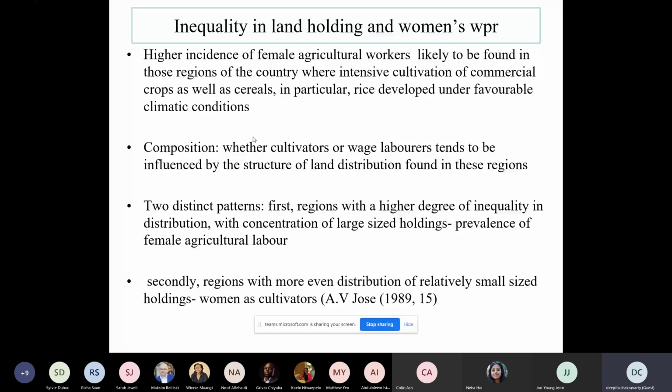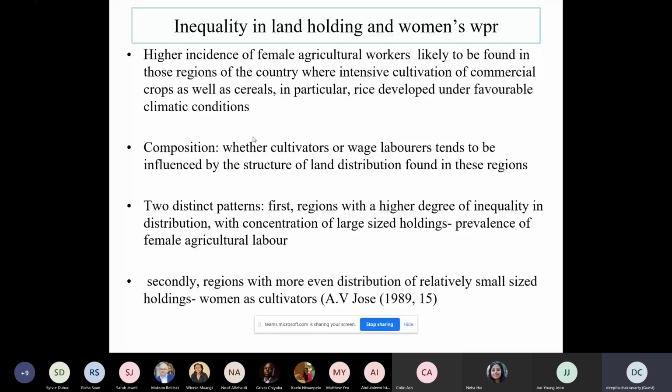And as a result, the demand for female labor will also be high. In fact, this is exactly what researchers have shown from empirical data from different parts of India and South Asia: where the inequality in landholding pattern is very high, you would see a high prevalence of female agricultural laborers.